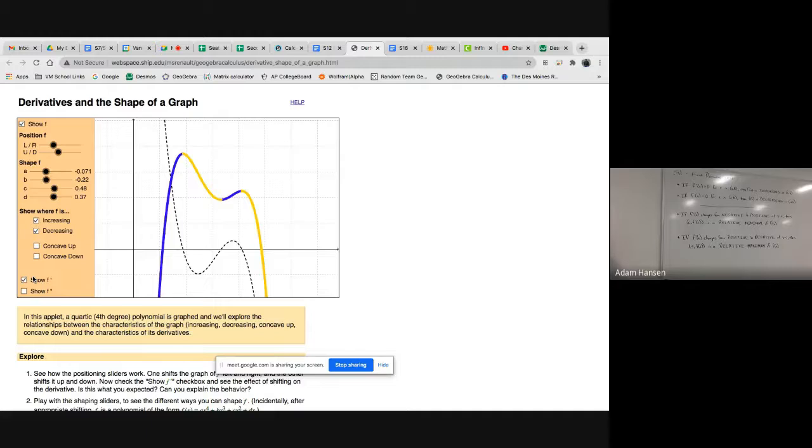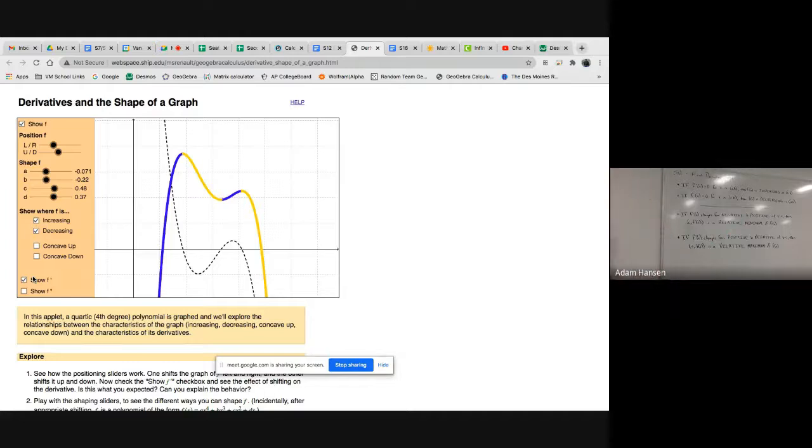Our work yesterday, what did I call this point here on the way top? Absolute maximum. Yeah, our extrema, right? Maximums and minimums. What's the value of the derivative at any extrema, either a max or a min? 0. That's where it changes directions, right? That's where the sign of the derivative changes from positive to negative or negative to positive.